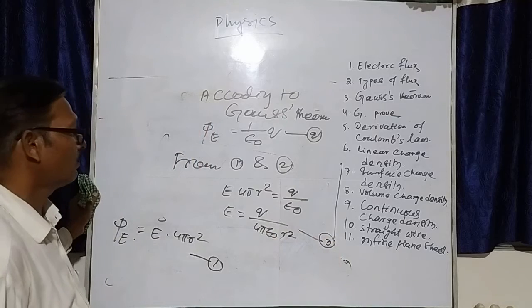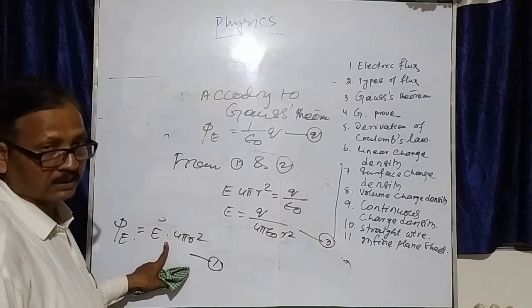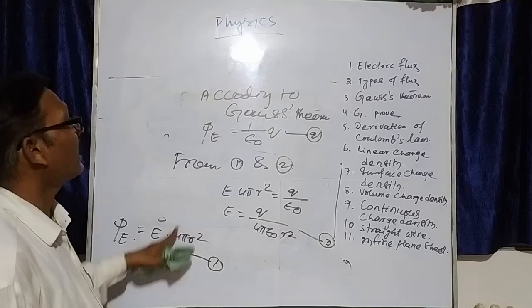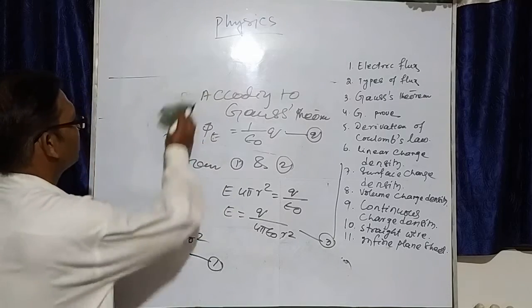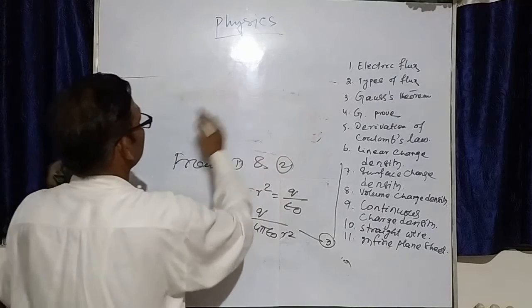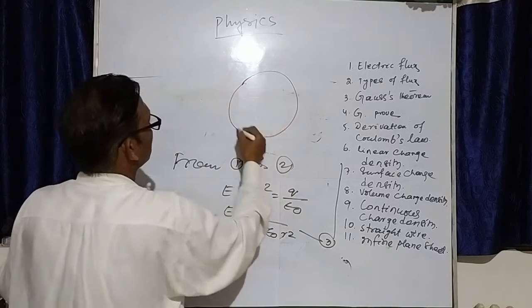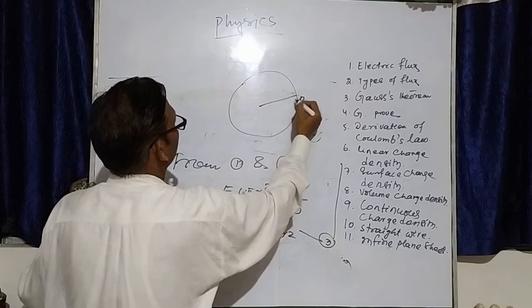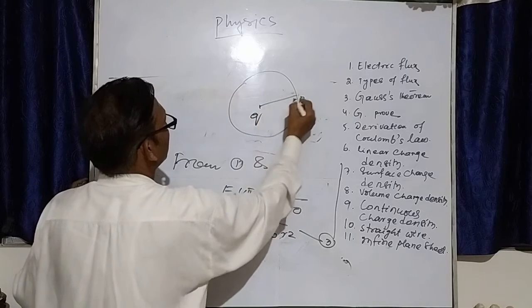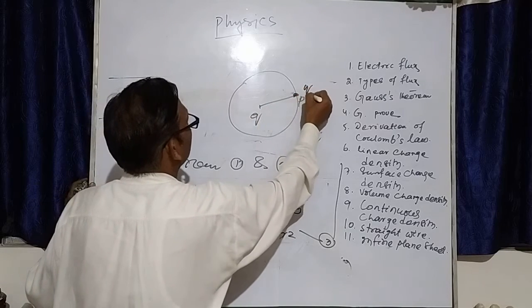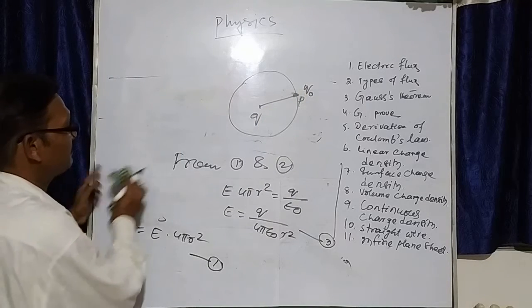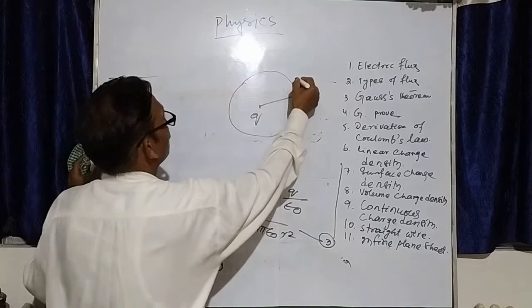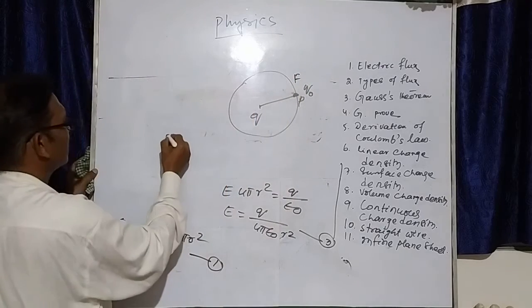So electric field, according to the definition of flux and Gauss theorem, is this. Now consider a spherical body with charge Q, with point P. If a small test charge Q0 is placed here, what is the force on this charge?